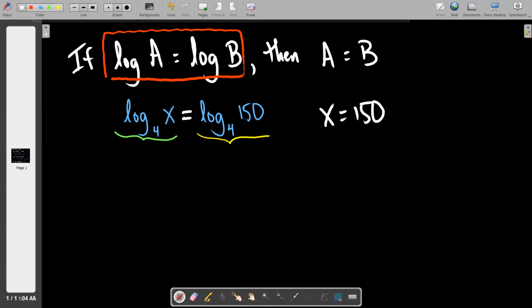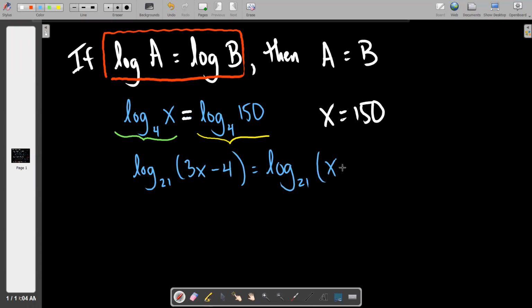So if you had an equation like that, but they'll obviously get more complex than this. If you had log base 21 of 3x minus 4 equals log base 21 of x plus 12, we don't really know what x is going into this, but we can say for sure that those arguments really have to equal each other.